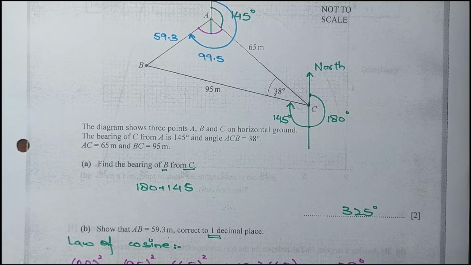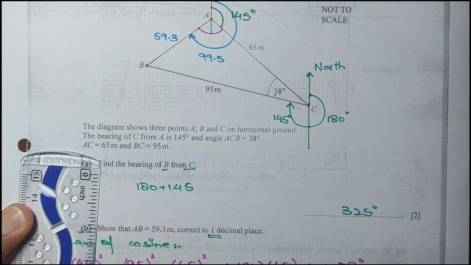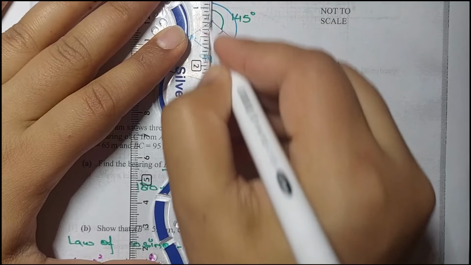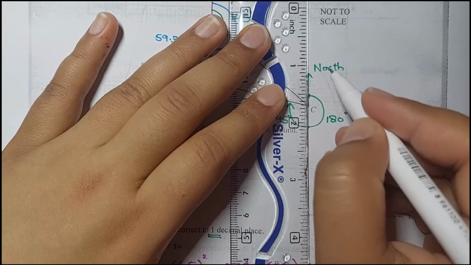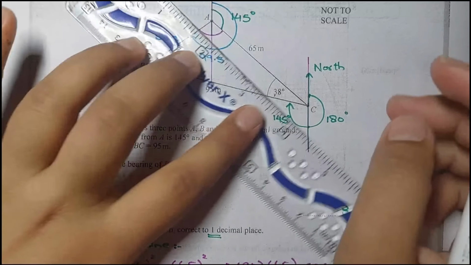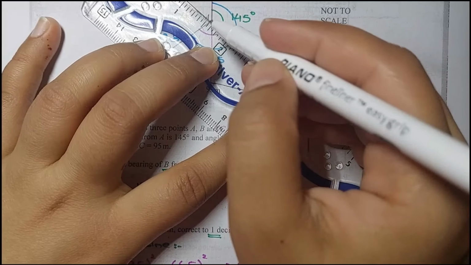Okay, sorry students, I made a mistake in part A. The bearing is not 325. Let me show you. As you can see, we have two parallel lines, this north line and this north line, and they are joined by this line.